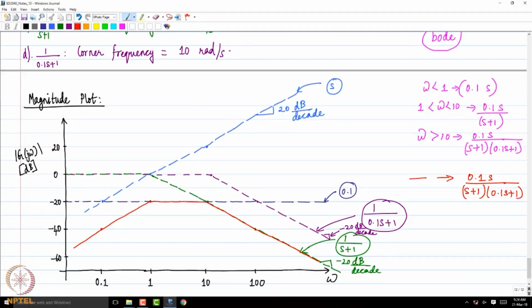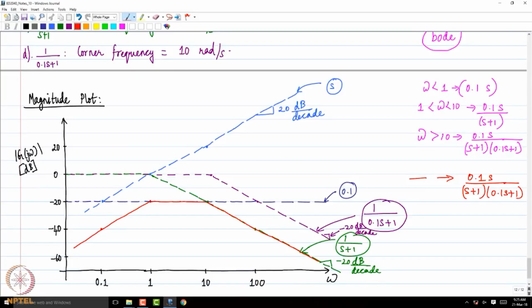Obviously the high frequency asymptotes of 1 by (s plus 1) and 1 divided by (0.1 s plus 1) should be parallel, right, because their slopes are the same. That is why I just redrew it to scale. Okay. So, I hope it is clear how we got the net curve for the magnitude plot.